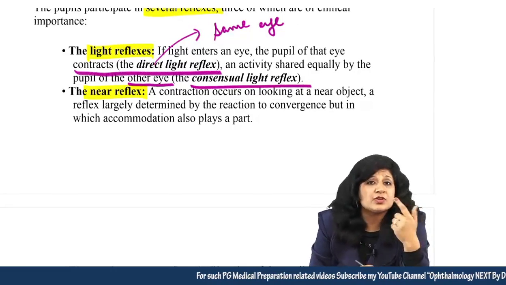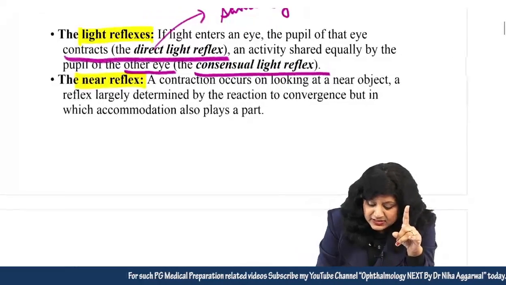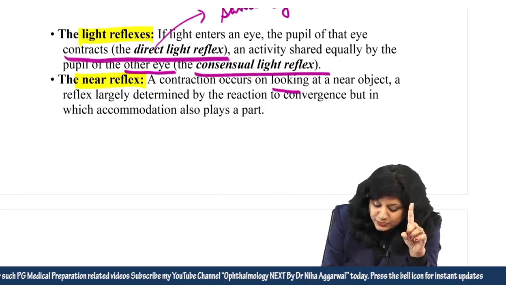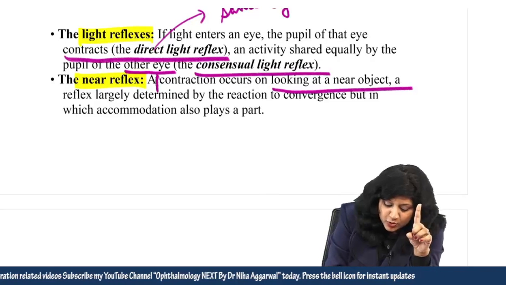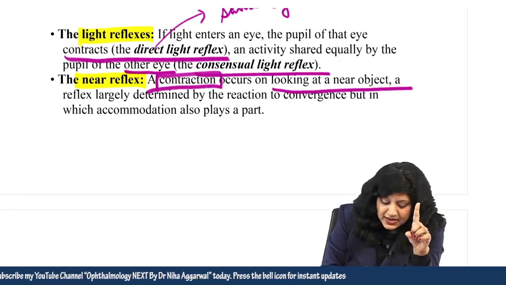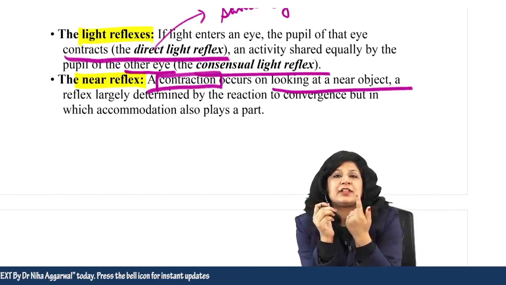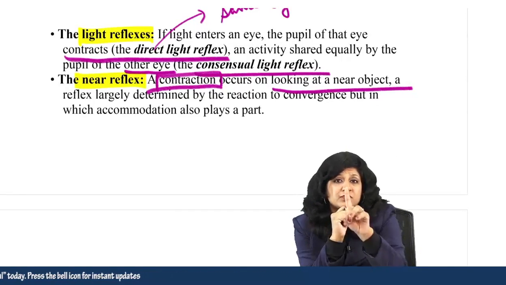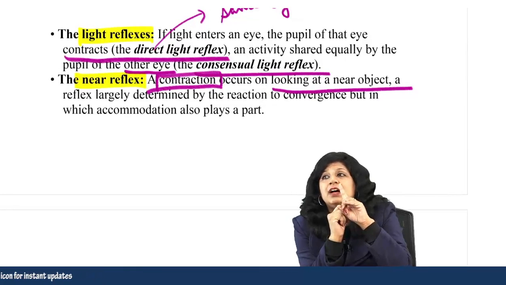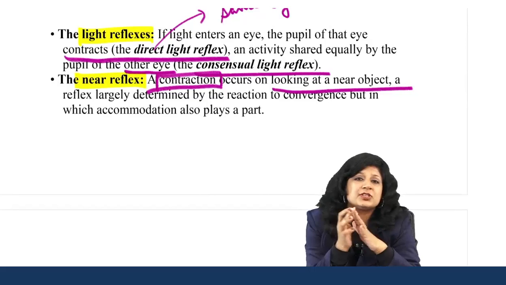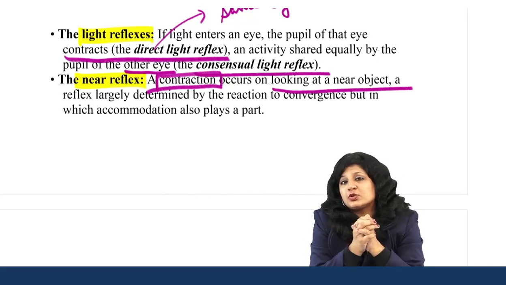Now I talk of the near reflex. What is this near reflex? When a person is looking at a near object, contraction of the pupil takes place, and this is called the near reflex. When you bring the object very close, accommodation also starts playing a role.